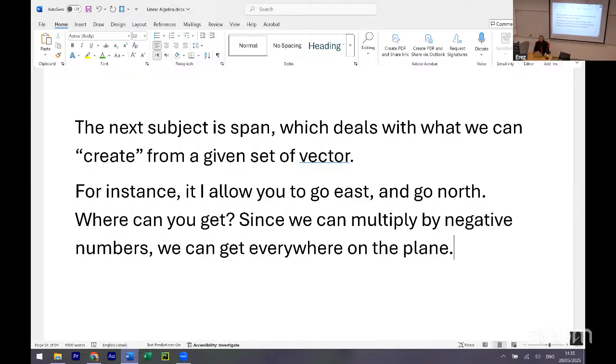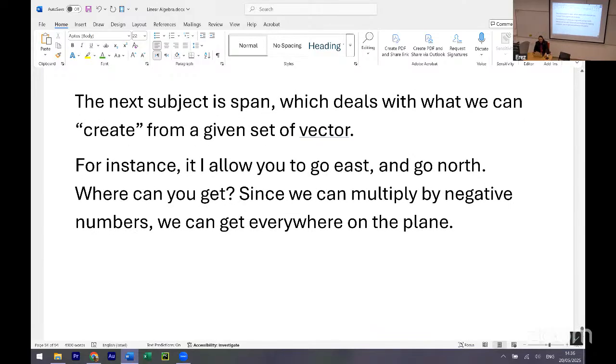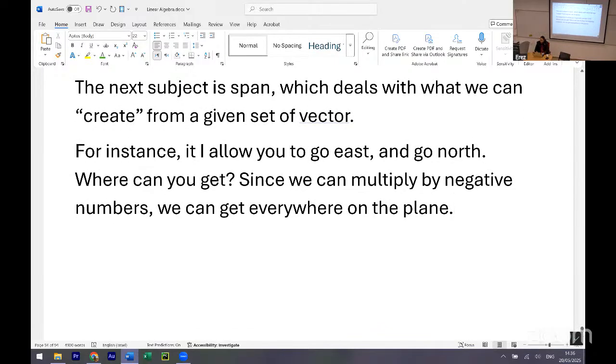Okay, so that's the introduction, and now I wish to do formal definitions and theorems and all the math fun you love. Okay, so definition.